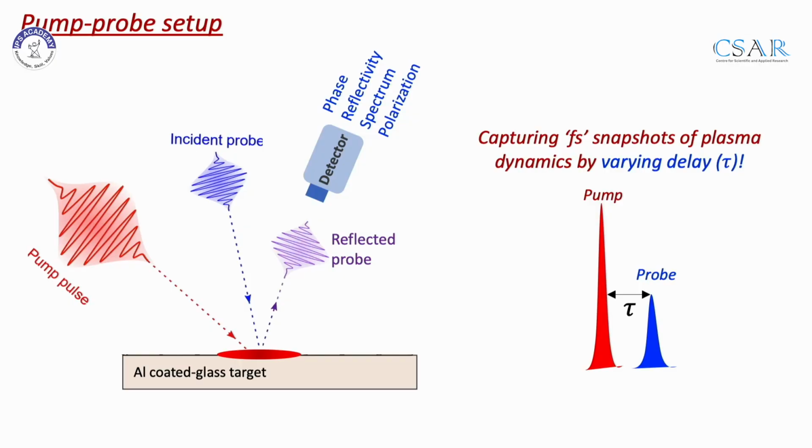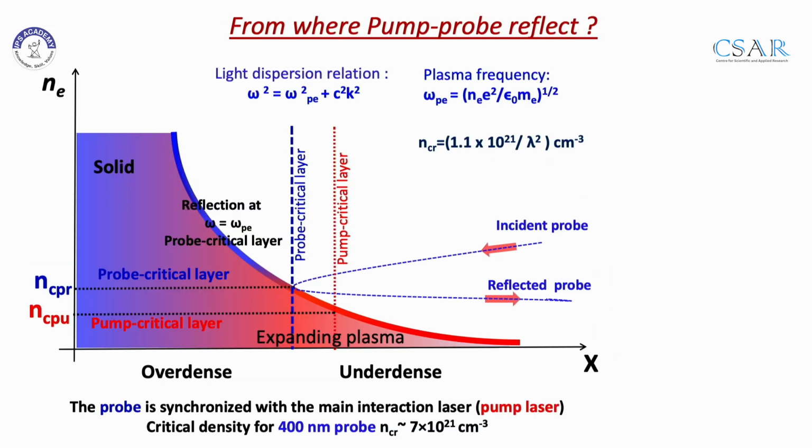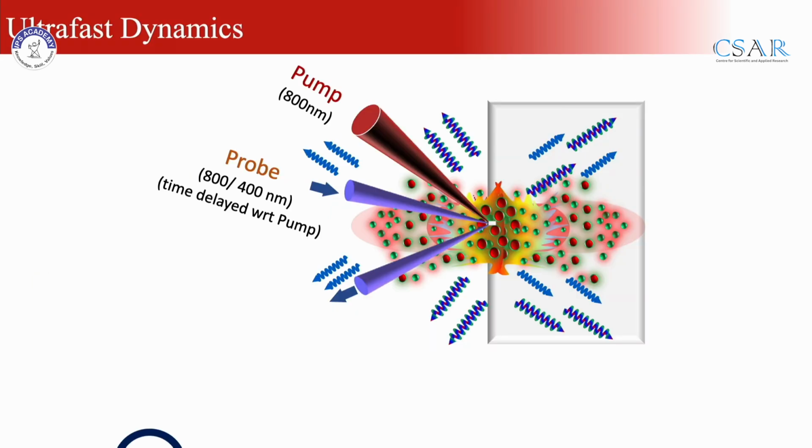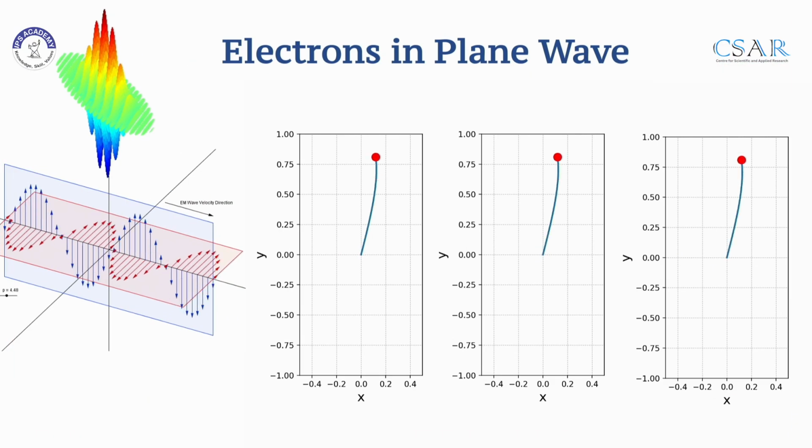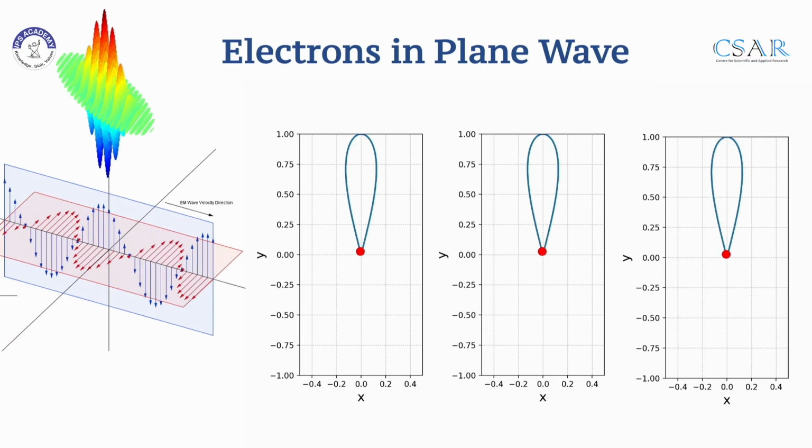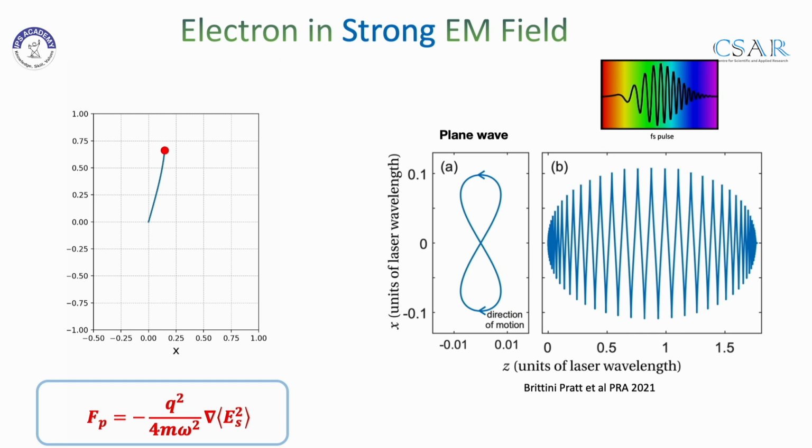We take the reflected probe pulse and put in our detectors, which can be a phase measurement device, a reflectivity device, or anything else. I'll skip these things. When this laser-matter interaction happens, the electrons inside make a figure-of-8 motion.